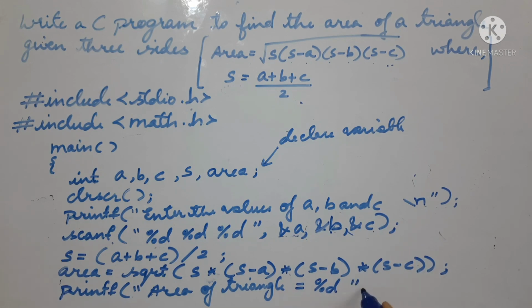Close the double quotations, give a comma and then write area. Now close the curly bracket, and this completes your simple program to find the area of a triangle.